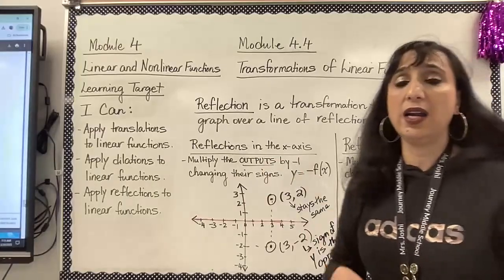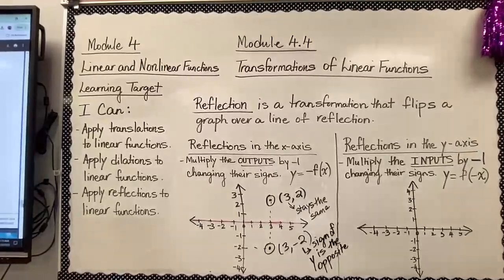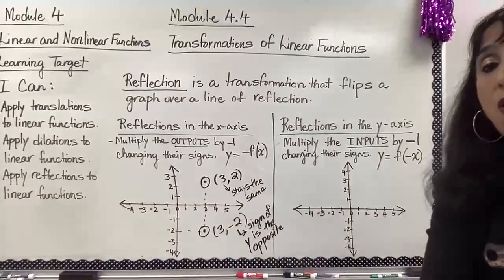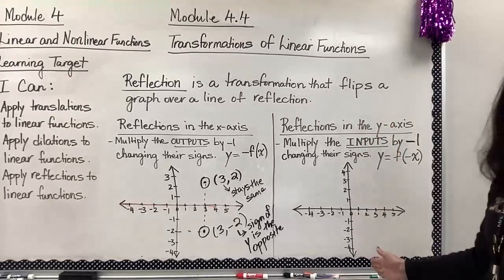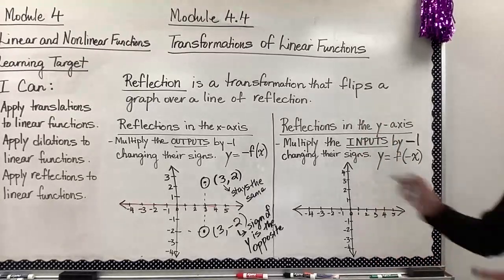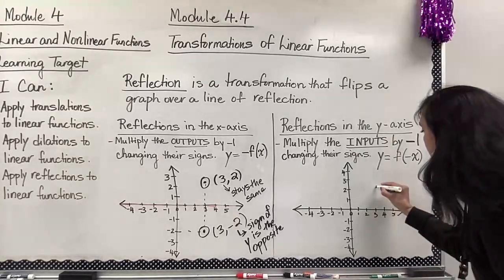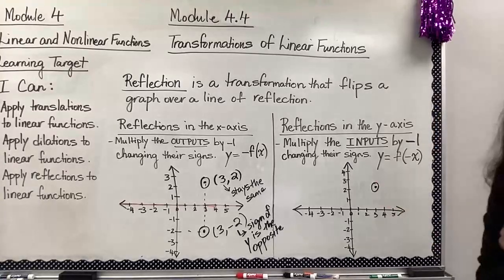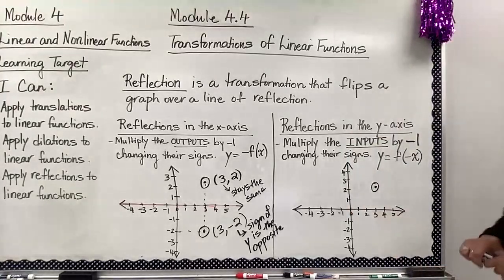Let's look on the left side now, and we talk about reflections in the y-axis. Now, y-axis, which one is the y-axis? This is the y-axis. So, same thing, if I have 3, 2, which I had plotted earlier, and this is again a quick refresher of what we did in 6th grade. So I'm just refreshing your memory. So now look what it's saying.